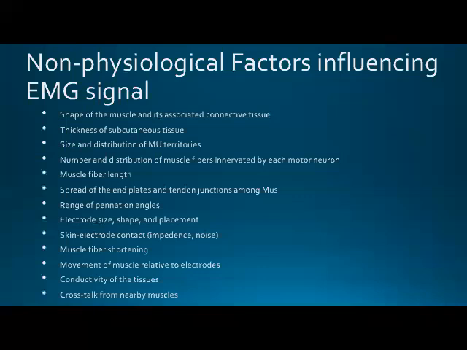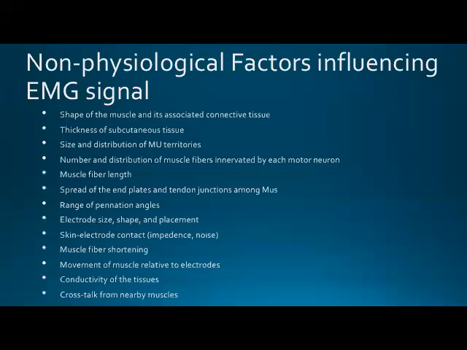The shape of the muscle and the associated connective tissue can affect our signal, as can the thickness of the subcutaneous tissue, which I've talked about already. The size and distribution of the motor unit territories, the spatial distribution of tissues or the pool noodle example I talked about, and the number and distribution of fibers innervated by each motor unit also play in.